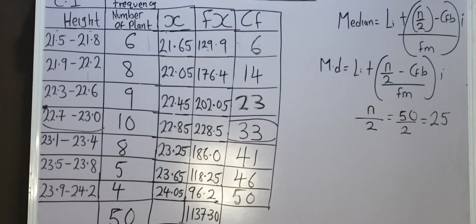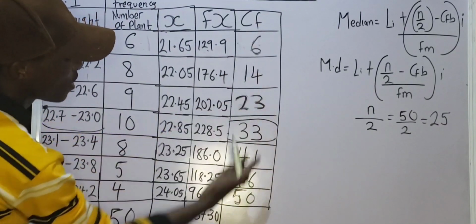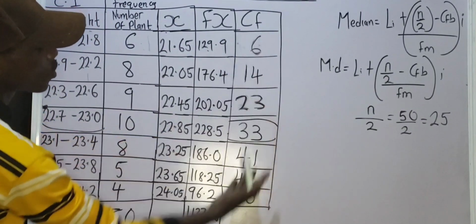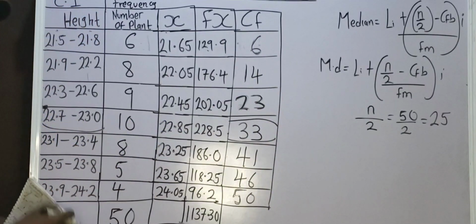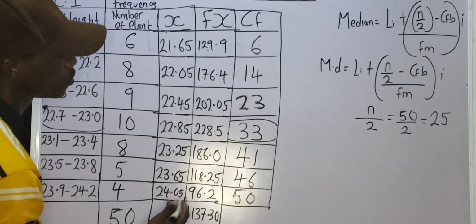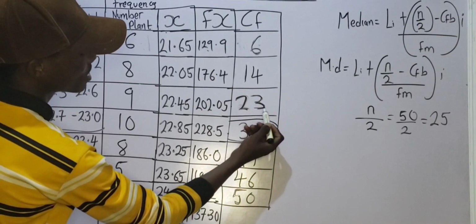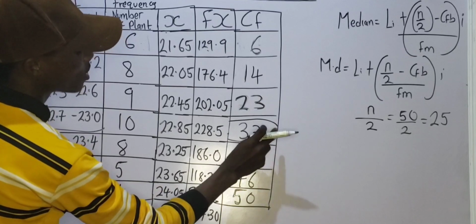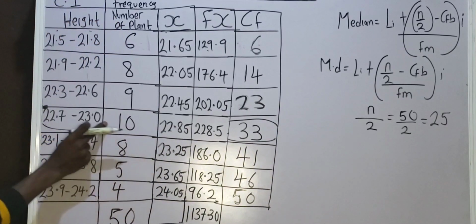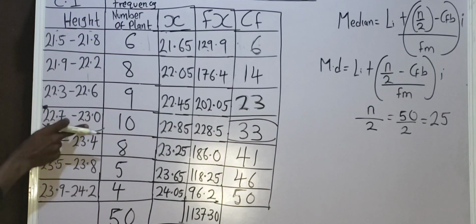So I locate where 25 falls in my cumulative frequency column. I realized that 25 is greater than 23, so 25 cannot be here. 25 falls within this range. So the class interval that belongs to this row is the class interval of the median class.